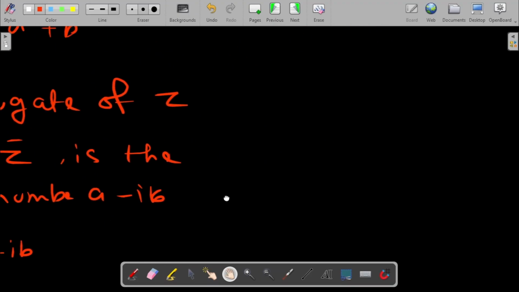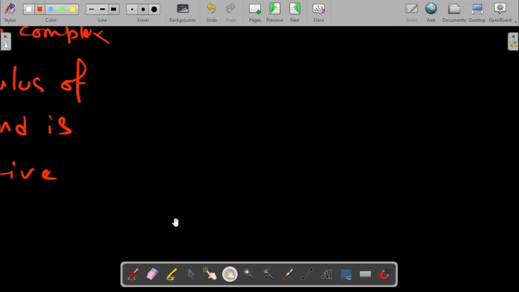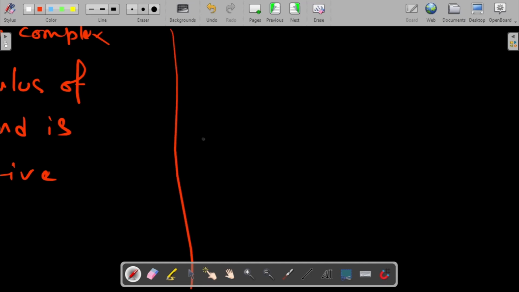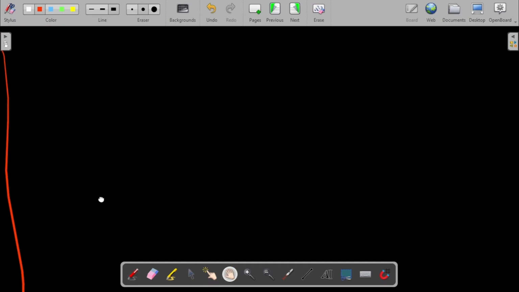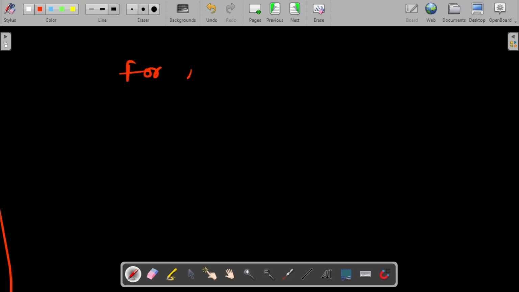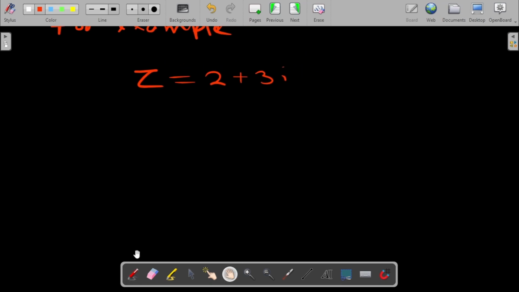For example, suppose I take a complex number z is 2 plus 3i. Then what is the modulus of z?